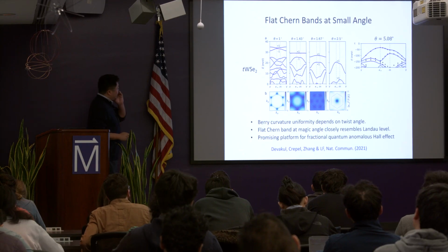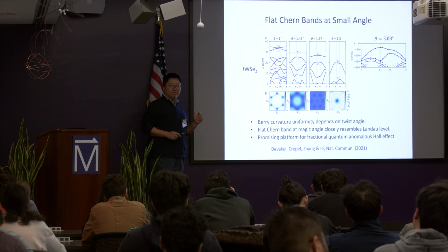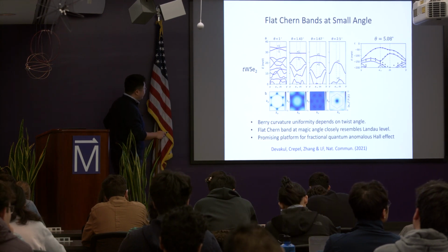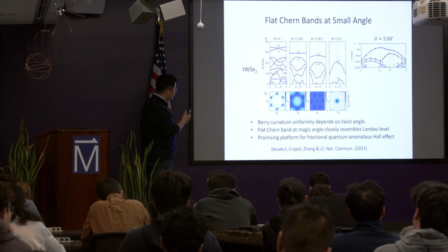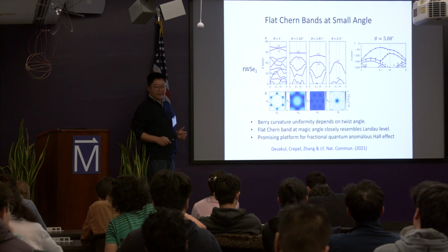So we started to ask the question, can we turn this platform into a platform for quantum anomalous Hall effect, and fractional quantum anomalous Hall effect? And this relies on electron-electron interaction to spontaneously polarize electrons into one valley.